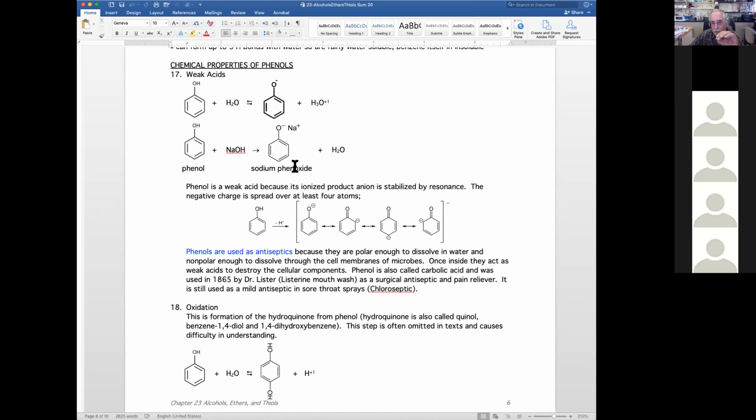If I can find a way to decrease the magnitude of that negative charge, I will make that molecule more stable. And here, I've spread it out over 1, 2, 3, 4 different atoms. So that's what we've done. We've made the magnitude of that negative charge much less, so it's much more stable than it would be if you couldn't do resonance structures.